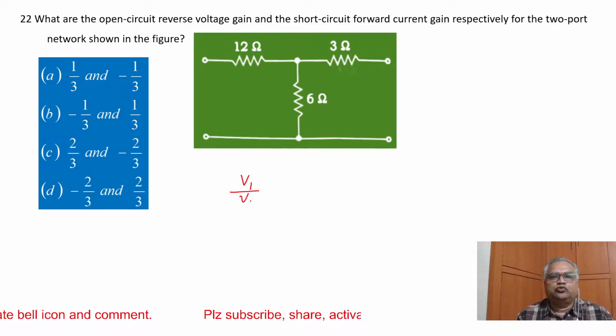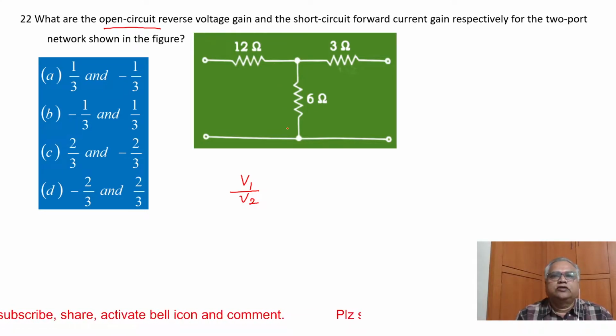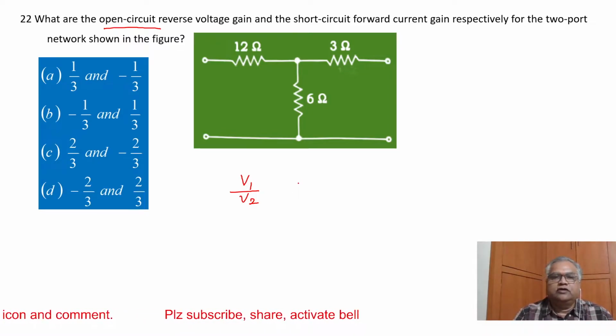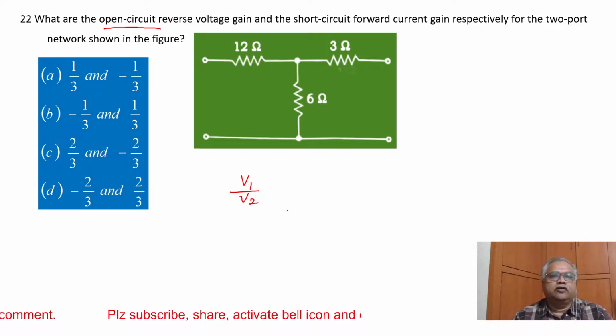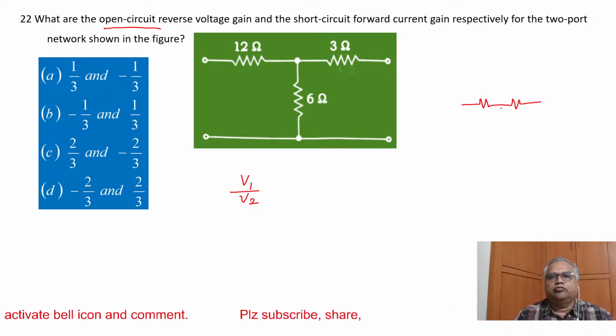V1 by V2, under what condition? Open circuit. So which one is open? That you have to decide based on the options given. So for these options, you have to take input side open.